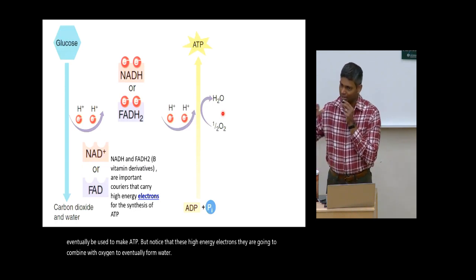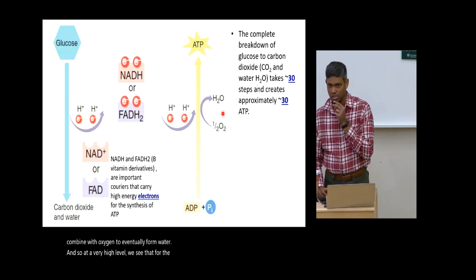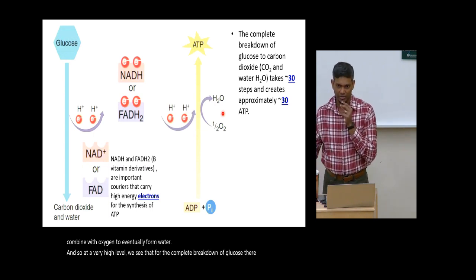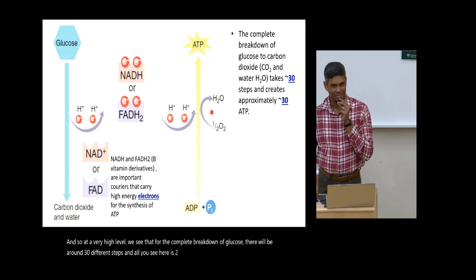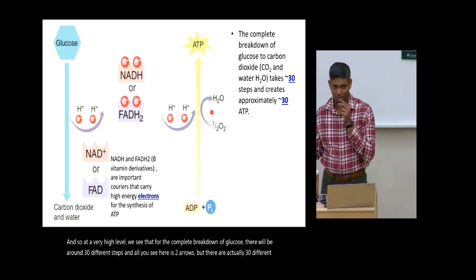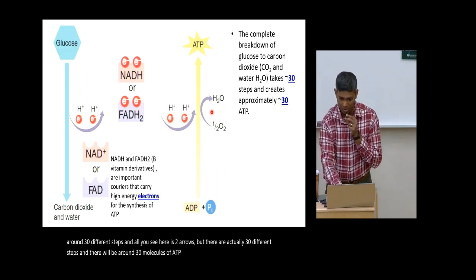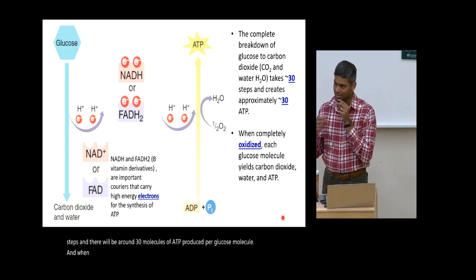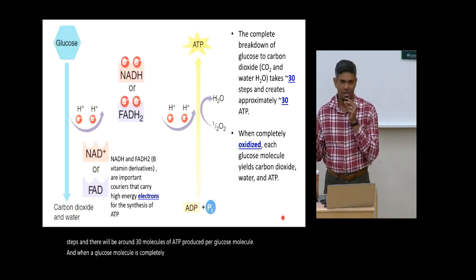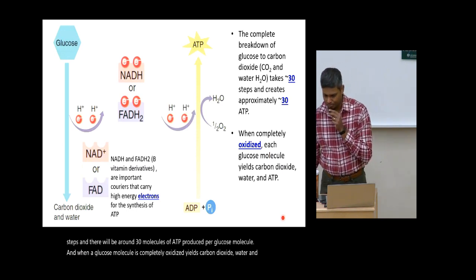And so at a very high level, we see that for the complete breakdown of glucose, there will be around 30 different steps, and all you see here is 2 arrows, but there are actually 30 different steps, and there will be around 30 molecules of ATP produced per glucose molecule. And when a glucose molecule is completely oxidized, it yields carbon dioxide, water, and also ATP.